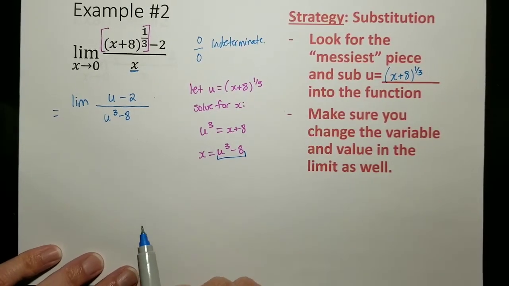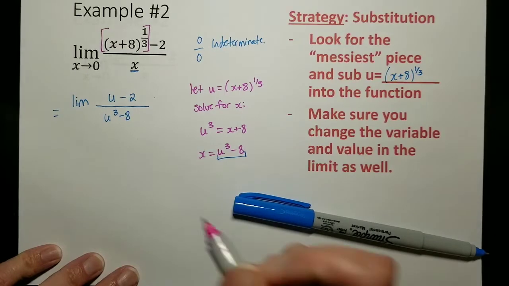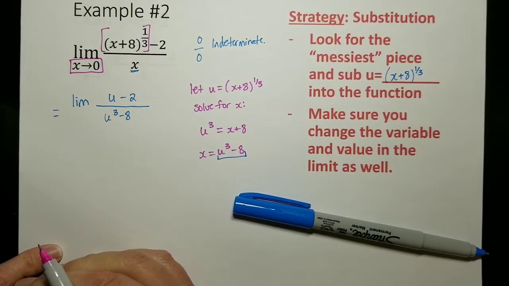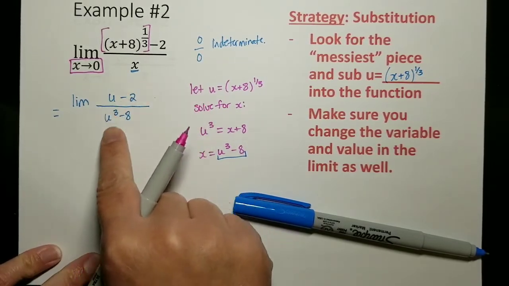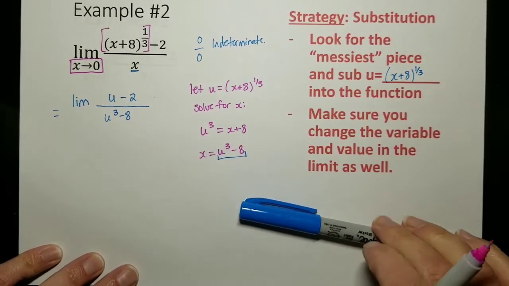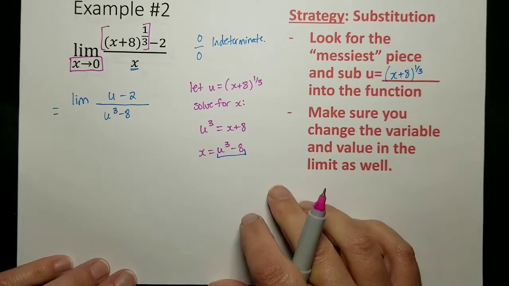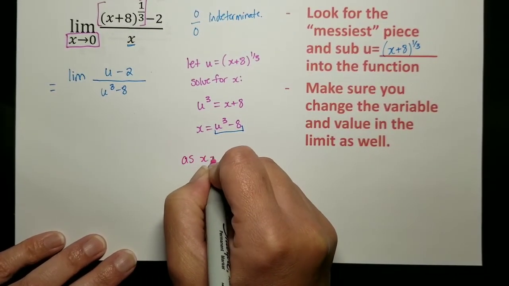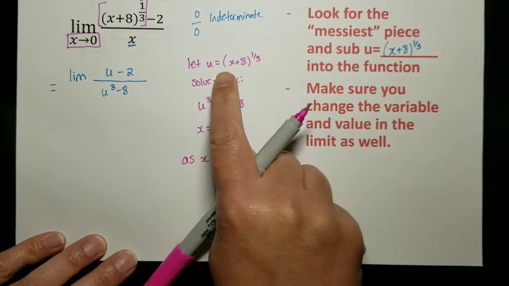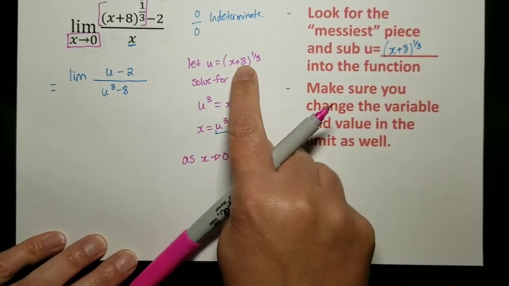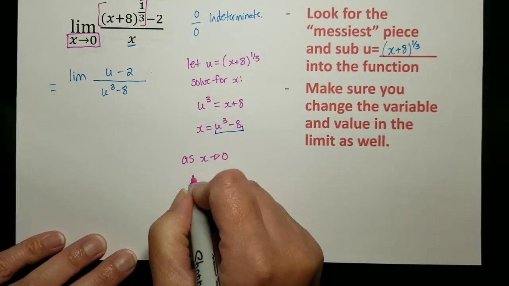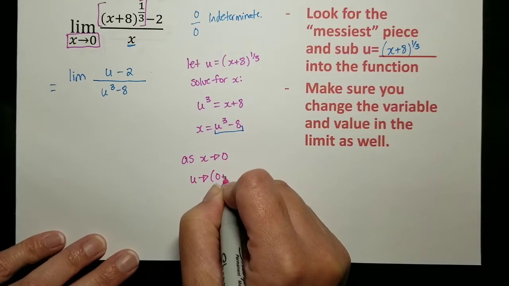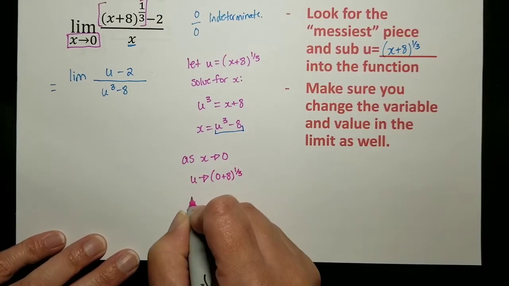The other situation is here. I had the limit as x approached 0, but I don't have any x's in my equation. I have to figure out what u would be doing as x approaches 0. So as x approaches 0, remember u is (x plus 8) to the exponent 1/3. So u is approaching 0 plus 8 to the exponent 1/3.